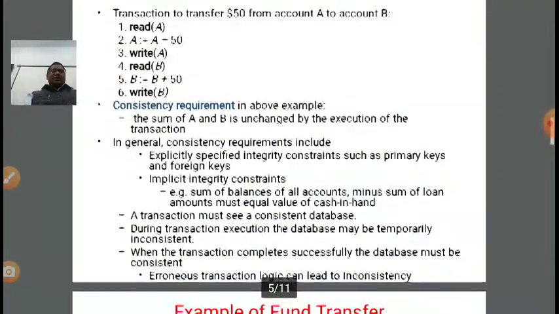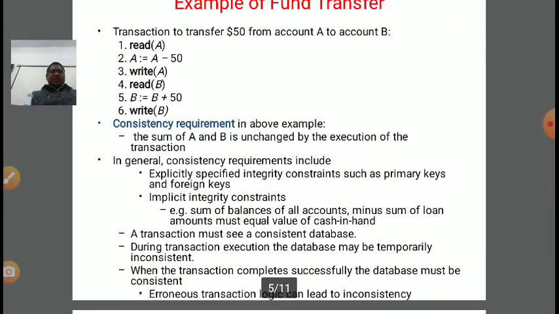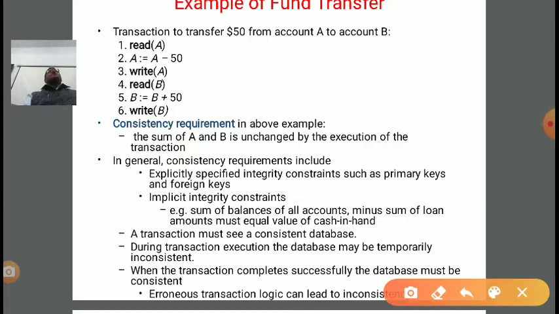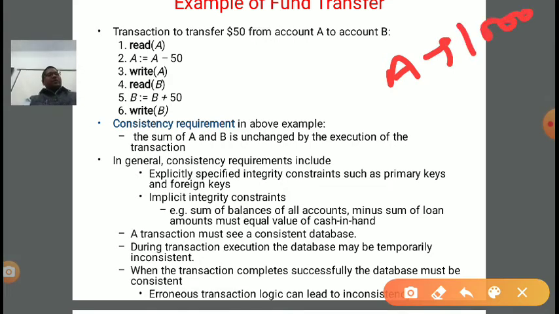Next is consistency. The consistency requirement means the sum of A and B is unchanged by the execution of the transaction. Money is not going anywhere; it is subtracted from A and added to B. So the total sum A plus B before the transaction and after the transaction should be the same. In the example, initially A was 1000 and B was 700.